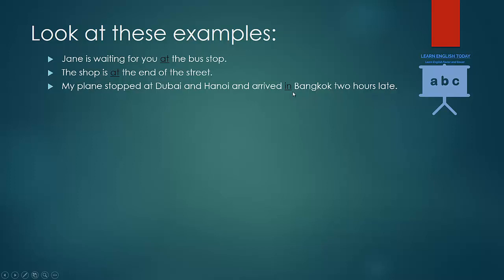For countries, I told you we say in. The next, when will you arrive at the office? At the office is also a point. The next, do you work in an office?